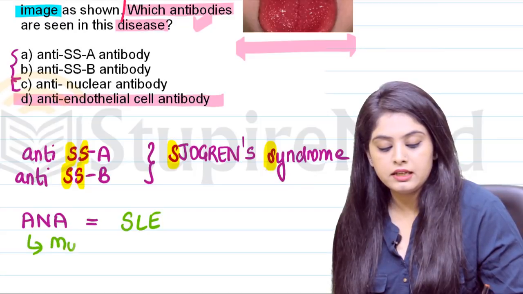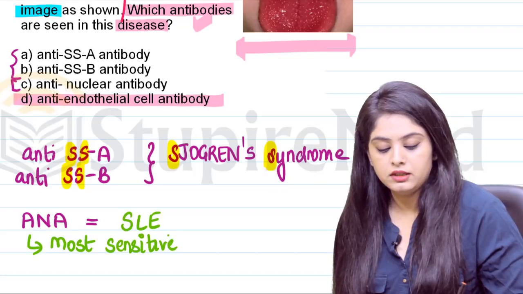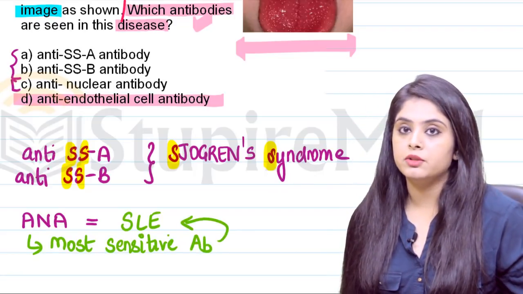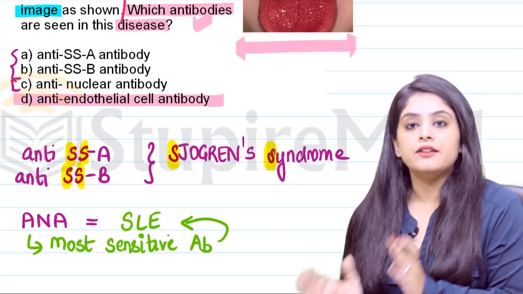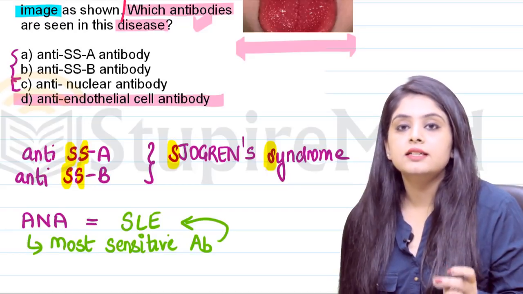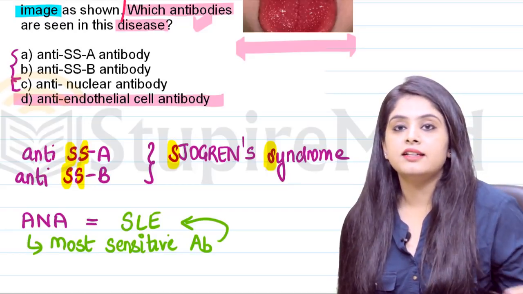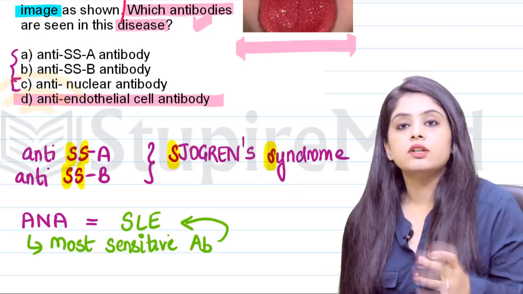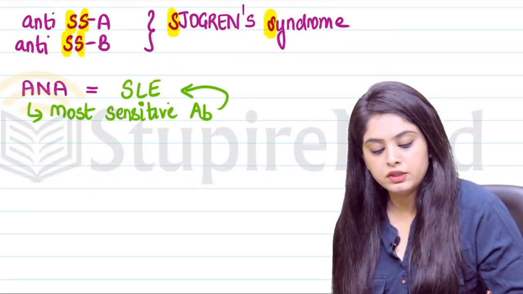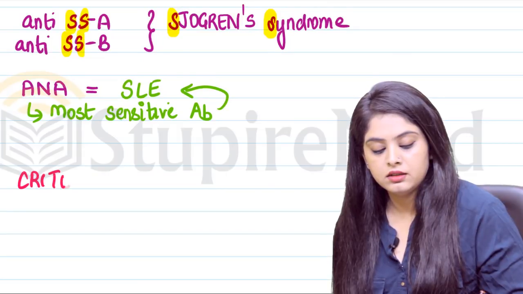Remember, ANA is the most sensitive antibody that we have for systemic lupus erythematosus. So this is about the other antibodies. The antibody in our question, which was our answer, is anti-endothelial cell antibody. And once you've got this knowledge, finally we can come on to the criteria.